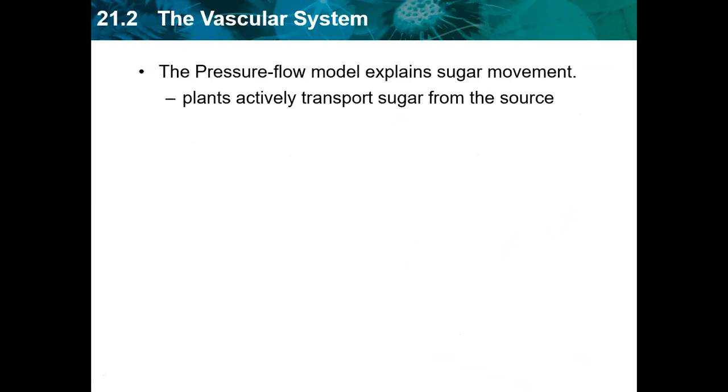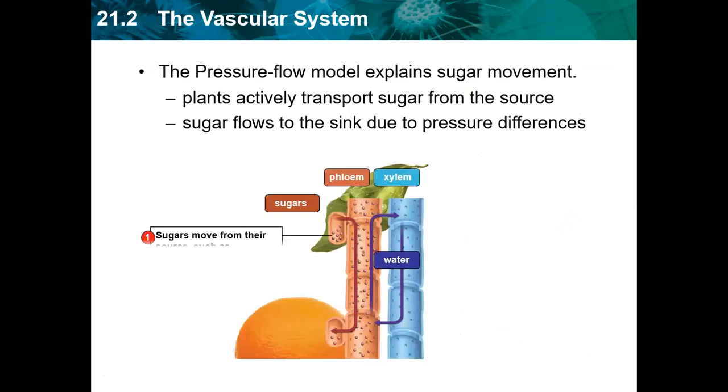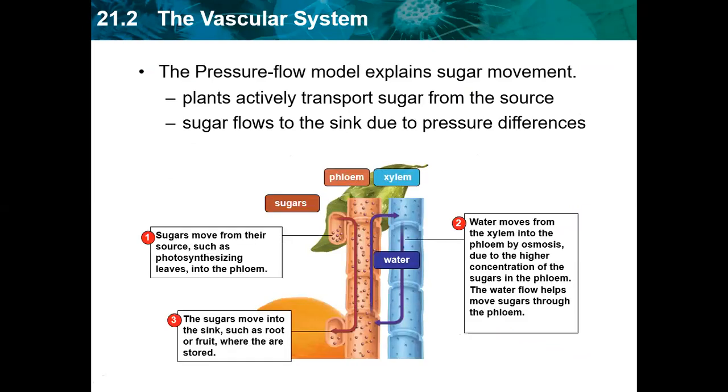Due to the pressure flow translocation theory, this food material is translocated from the upper to the lower part. So blue color here is the water, while this red color, the phloem, is the conduction of sugar from the upper region to the lower region.